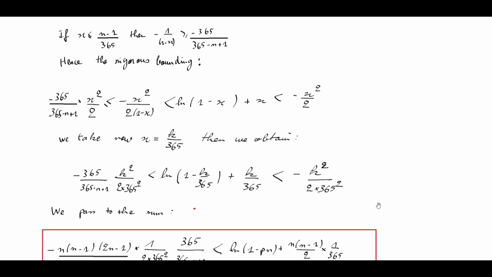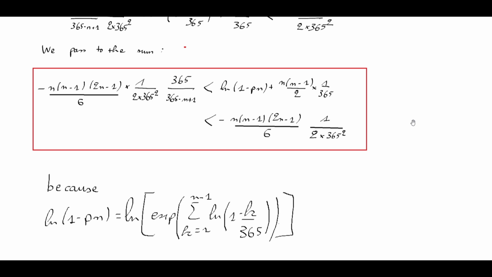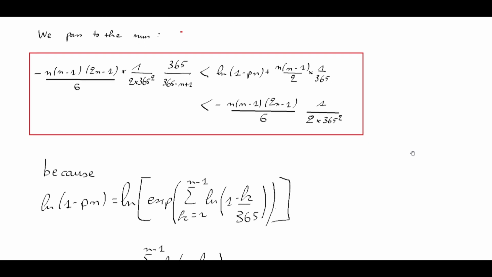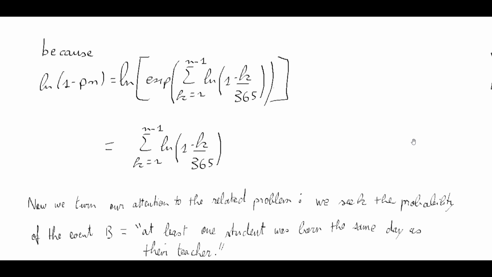We pass to the sum, and we obtain the red frame bounding, because ln of 1 minus Pn is also equal to ln of the exponential of the following sum, which is equal to the sum from k equal 1 to n minus 1 of ln of 1 minus k over 365.